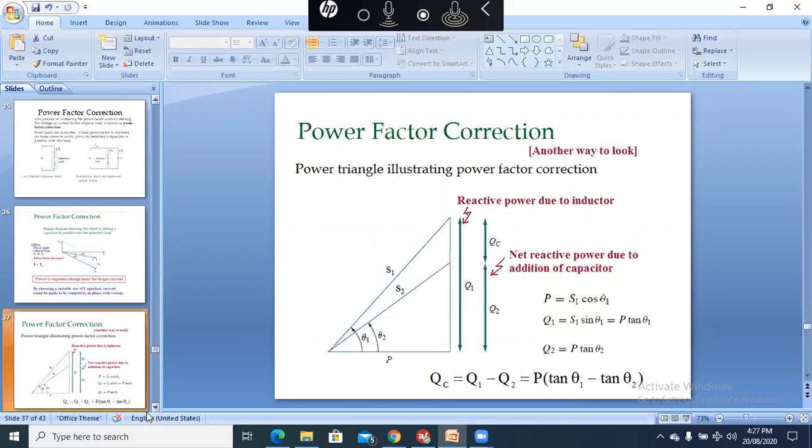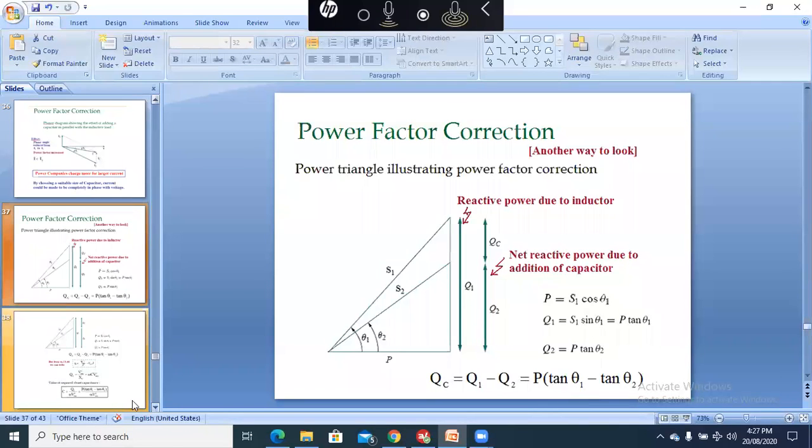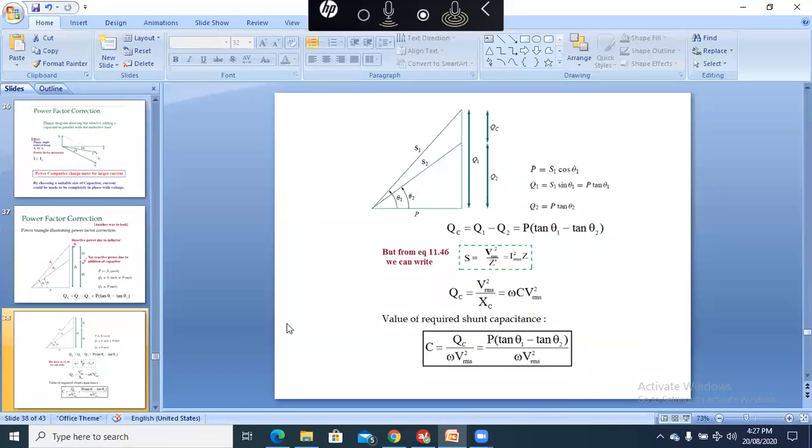And once we calculate the value of the VAR, then we find the value of the capacitance. We know that the value of VAR is Vrms squared divided by the reactance. We do not take the impedance because it is QC, so we only take XC.